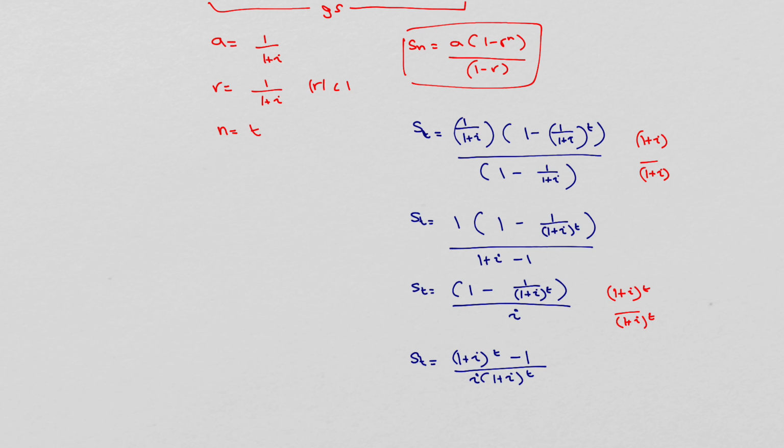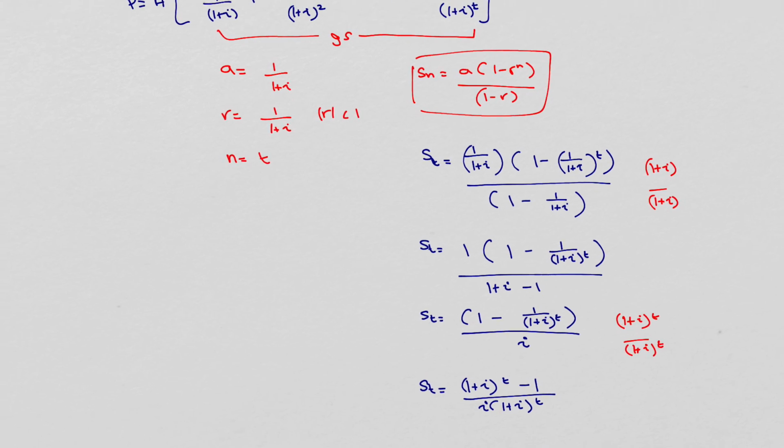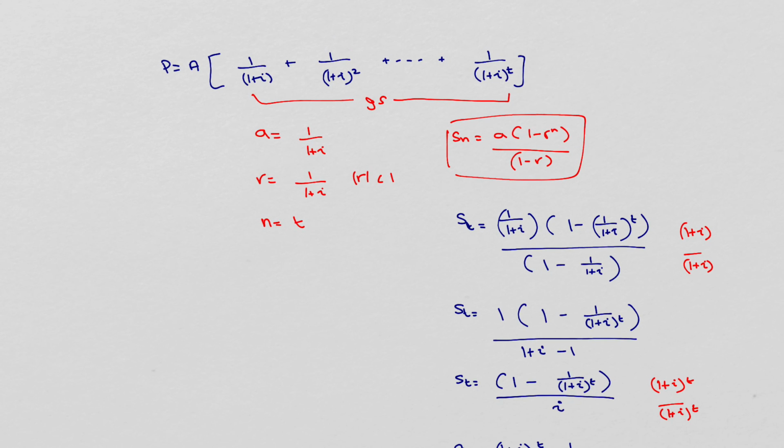So that's my geometric series, that's the sum to n terms, or the sum to t terms there. And all of that has to be multiplied by A. So in other words, we have P is equal to A times ((1 plus i) to the power of t minus 1) all over i times (1 plus i) to the power of t.